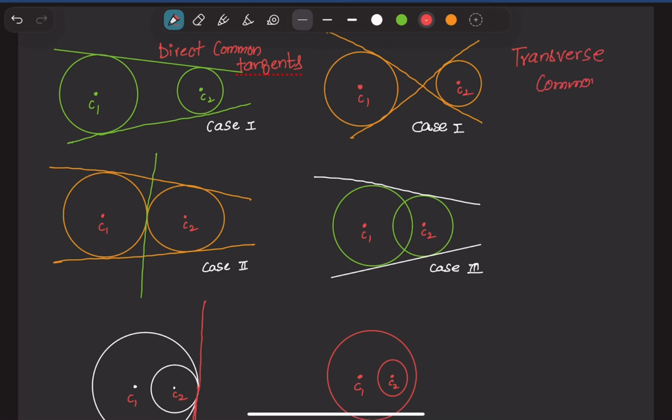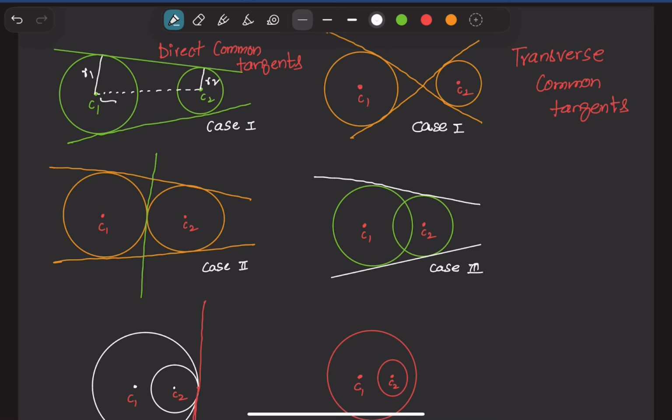Alright. So this is the first case that we are going to analyze. Understood? So let us say the radius of first circle is R1 and the radius of second circle is R2. We can draw a line joining C1 and C2, which are the centers.